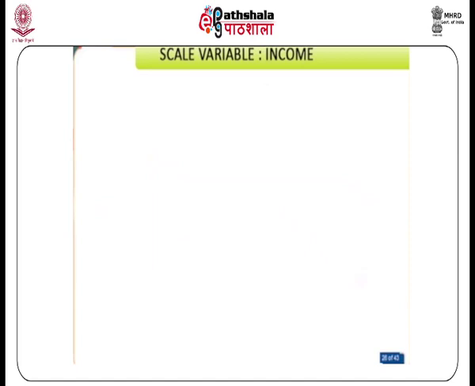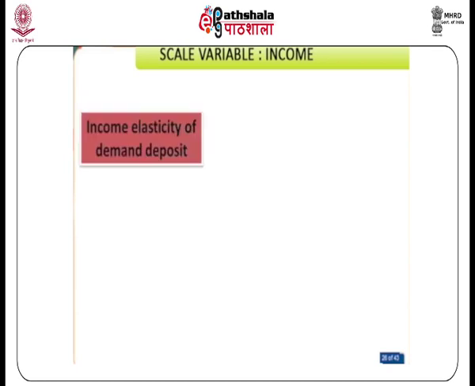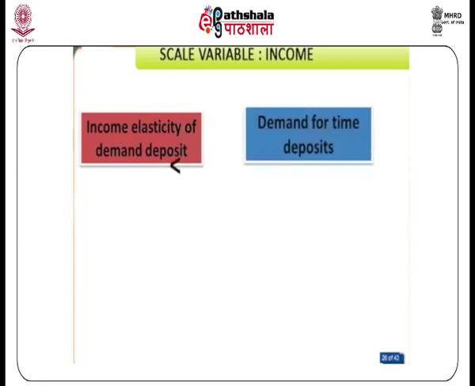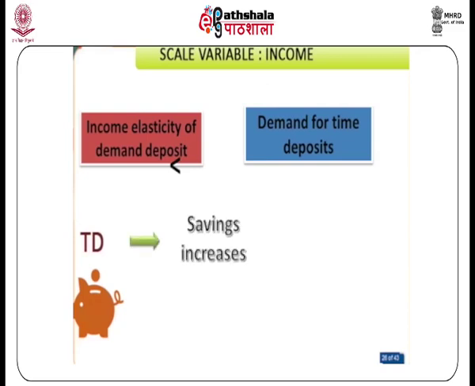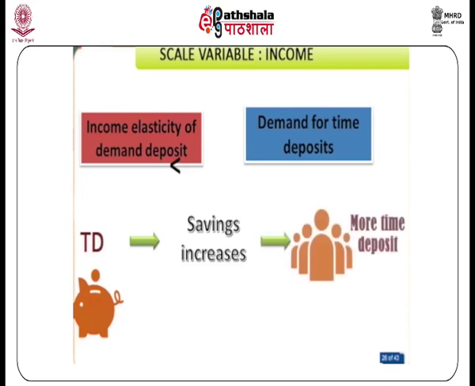Looking at real income as a scale variable, it has been observed that the income elasticity of demand for demand deposits is lower vis-à-vis demand for time deposits. Time deposits are a form of savings and not a medium of exchange. Therefore, as the level of savings increases with a rise in income, people hold more time deposits.